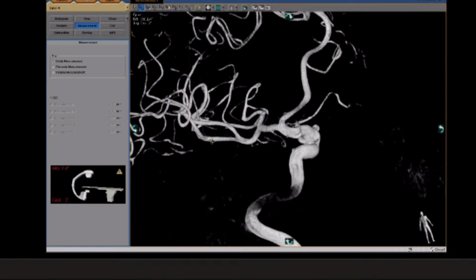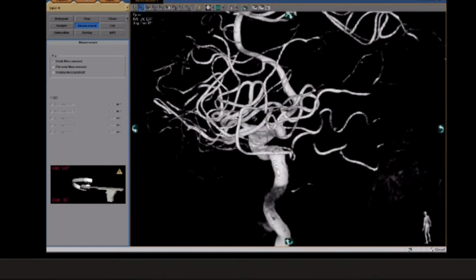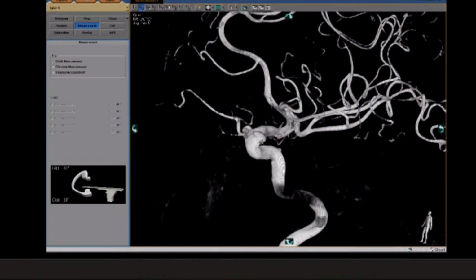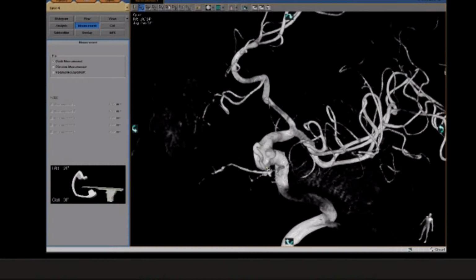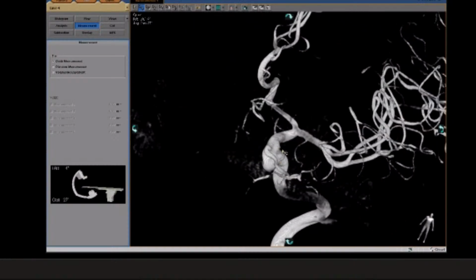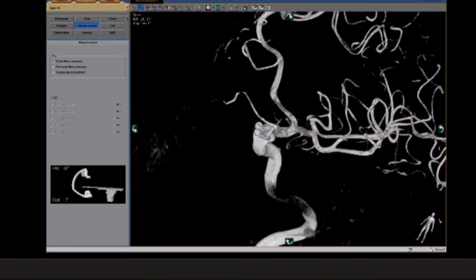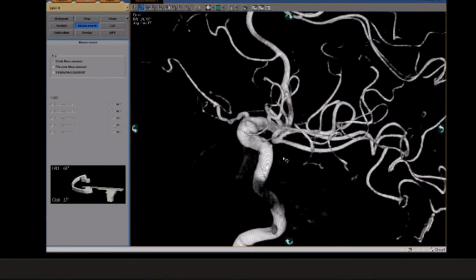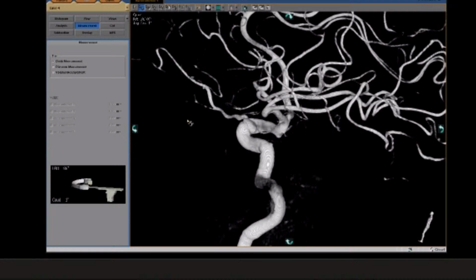And the case number 4 for today, patient with multiple aneurysms. On the left side, it's a paraclinoid paraophthalmic aneurysm with a wide neck, and on the right side patient has two aneurysms. One is paraclinoid, the second is supraclinoid ophthalmic segment.